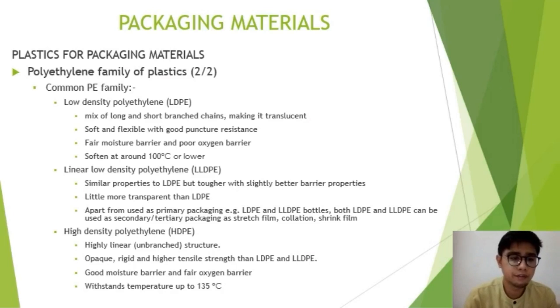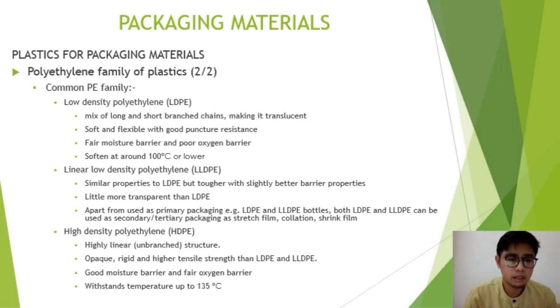As for the second family, which is LLDPE, linear low density polyethylene, it has similar properties to LDPE but has a tougher strength with slightly better barrier properties. So it has a better moisture barrier and a better oxygen barrier.